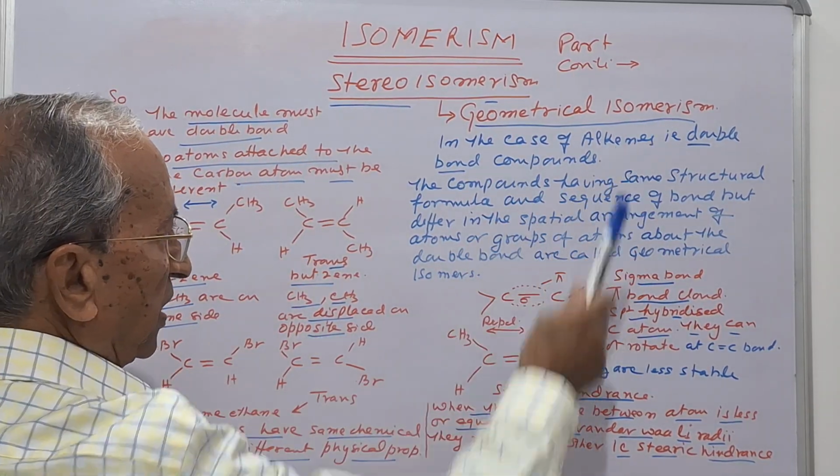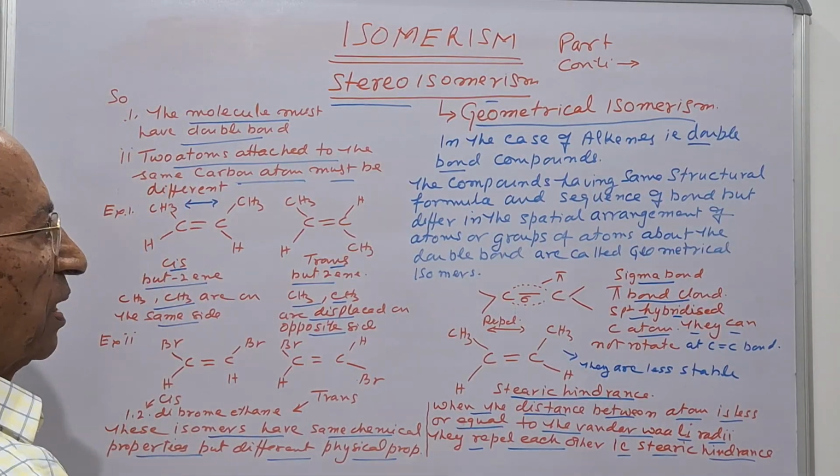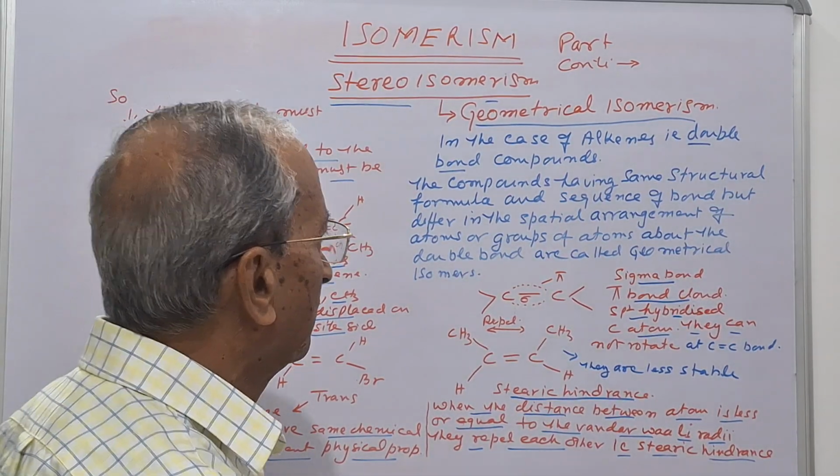This geometrical isomerism is generally found in the case of alkenes, that is, the double bond.